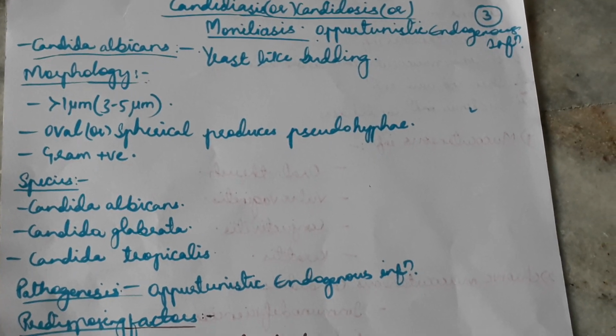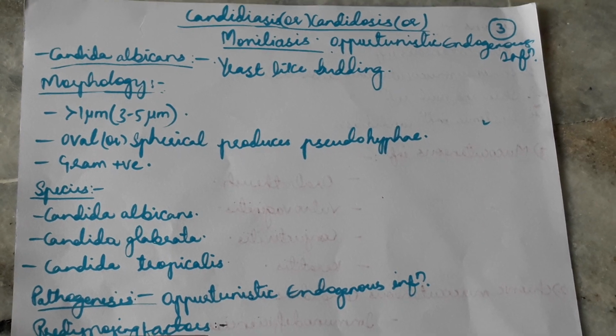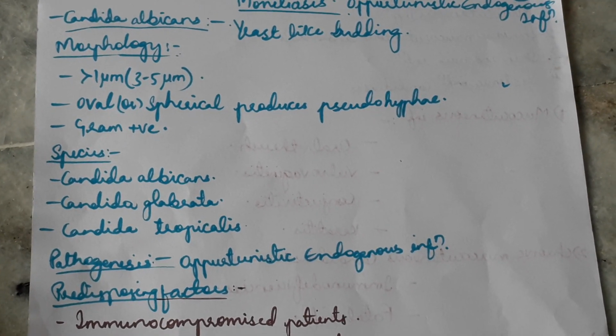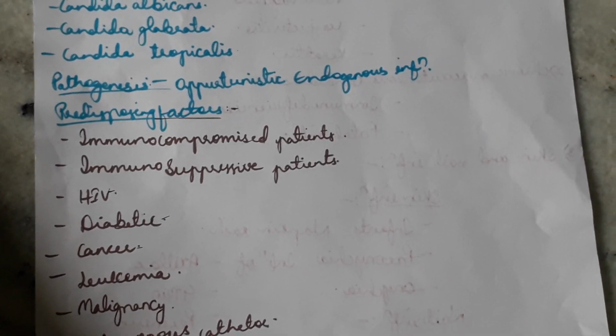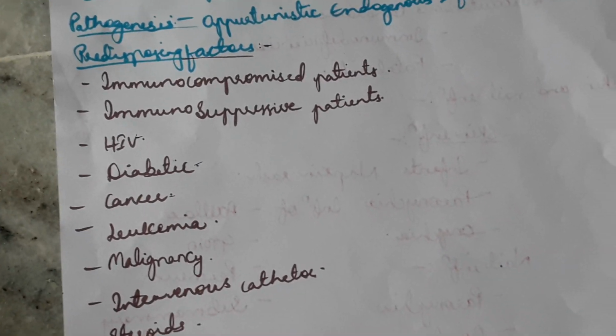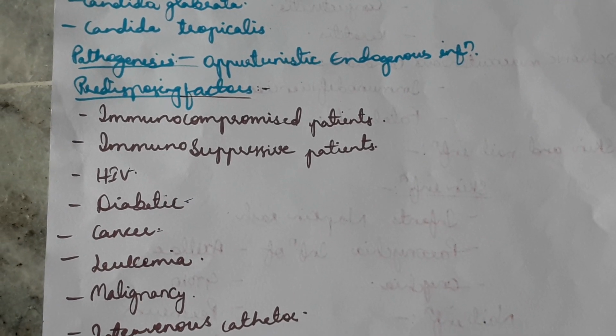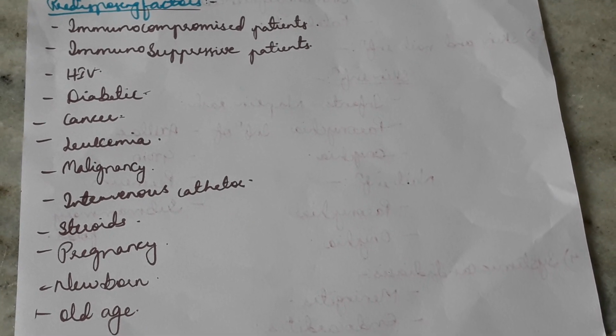When it comes to systemic infection, go through the notes. This is the morphology and species I have mentioned, and this is the pathogenesis. Go through the predisposing factors as I told.